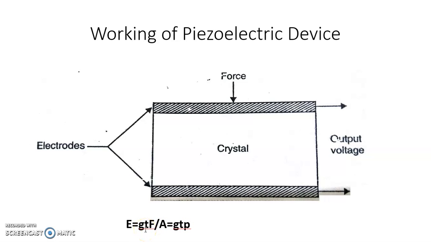Since for a given crystal G, T and A are constant, the voltage developed across its surface is directly proportional to the applied force or pressure. Therefore, as pressure or applied force increases, the voltage developed will also increase. So such transducers can be used to measure the applied force or pressure in terms of output voltage.